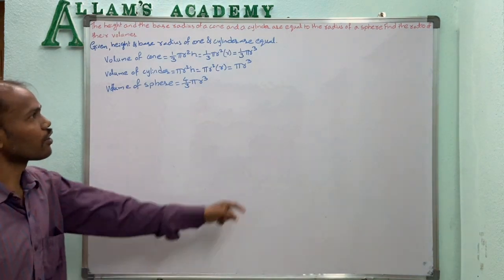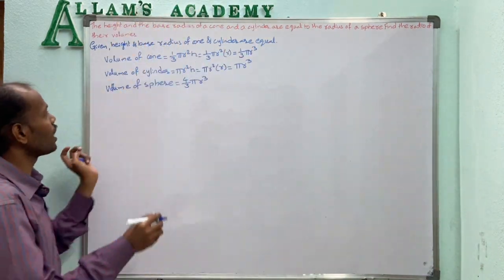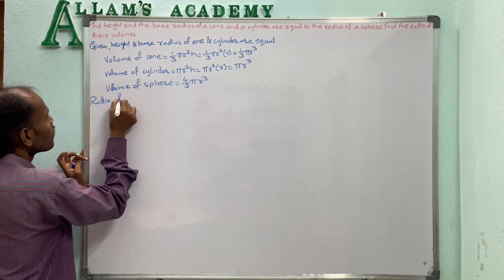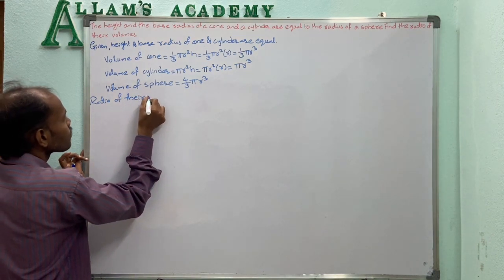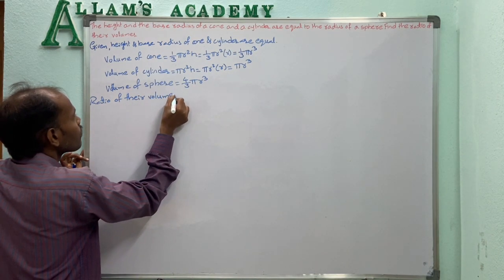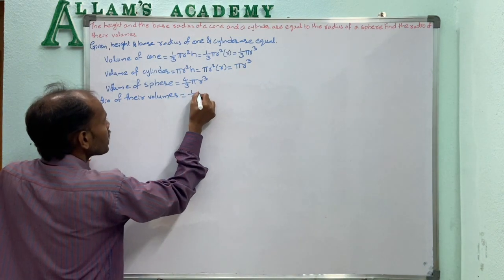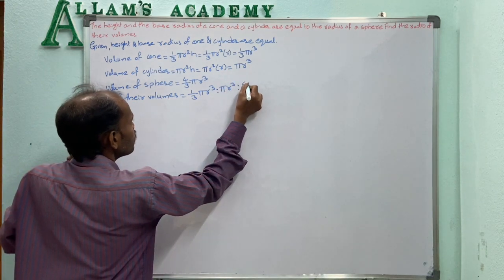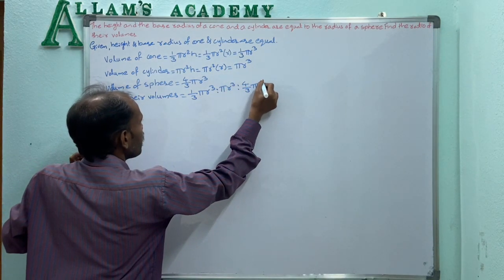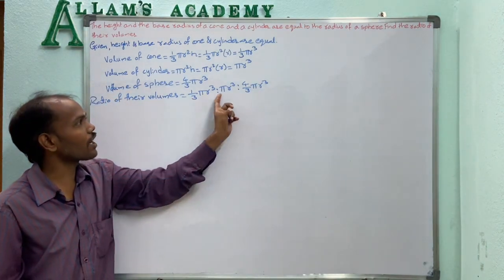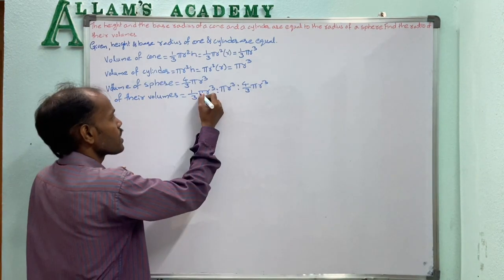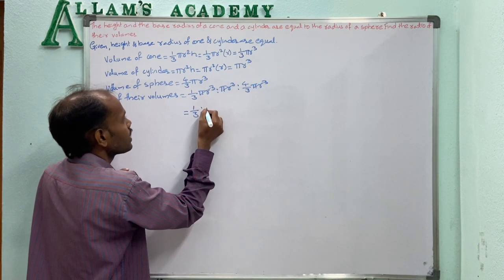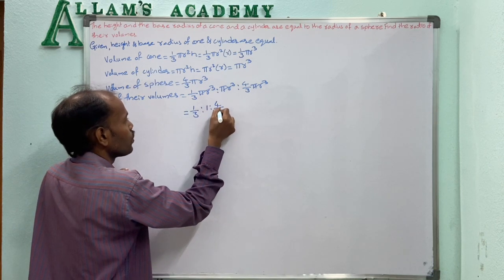So now we have to find the ratio of their volumes. Ratio of their volumes equals 1 by 3 pi r cube is to pi r cube is to 4 by 3 pi r cube. Now here pi r cube is common to all terms, so all cancel. The remainder is 1 by 3 is to 1 is to 4 by 3.